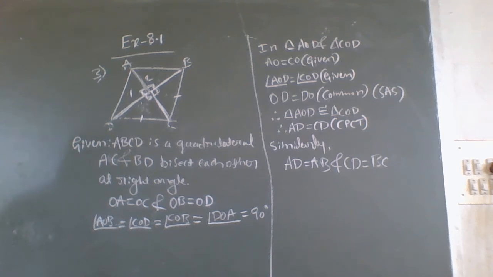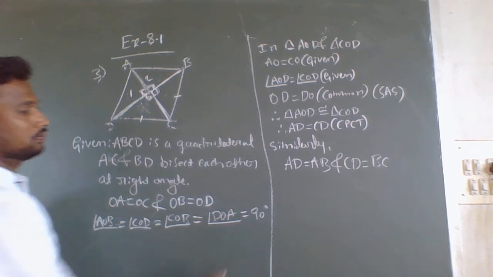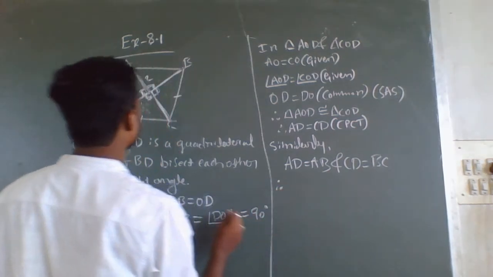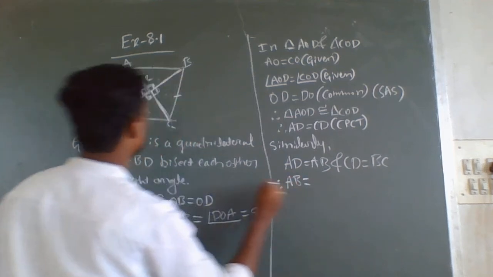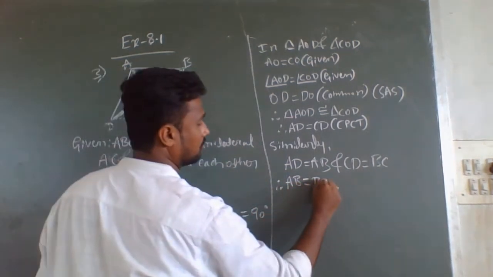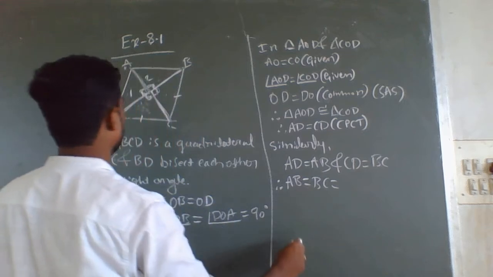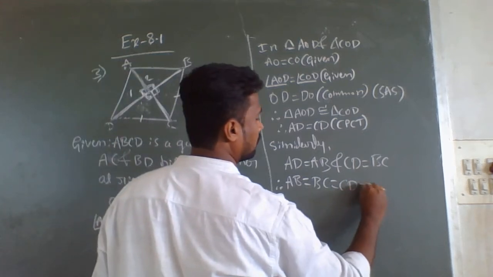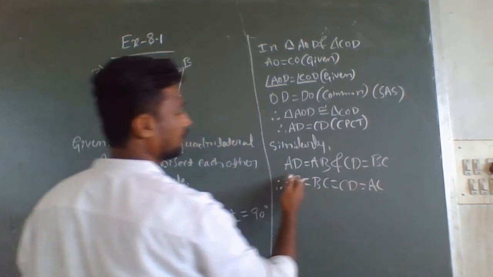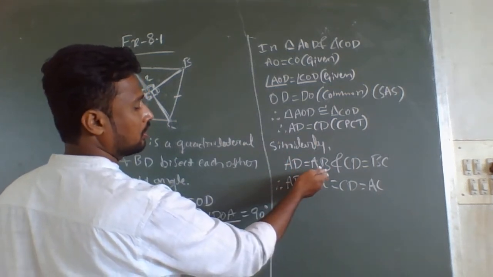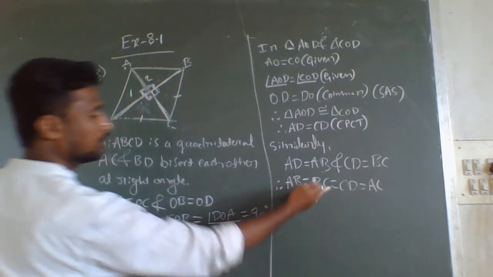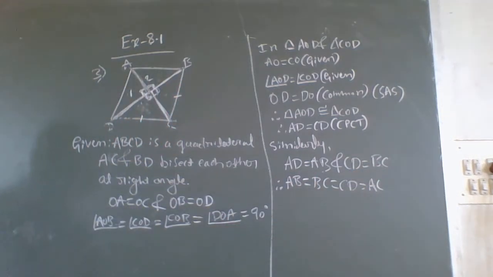So now, what can you write? AB is equal to BC is equal to CD is equal to AC. Here AD is equal to CD and it is also equal to AB. Again CD is equal to BC, therefore all the sides are equal.